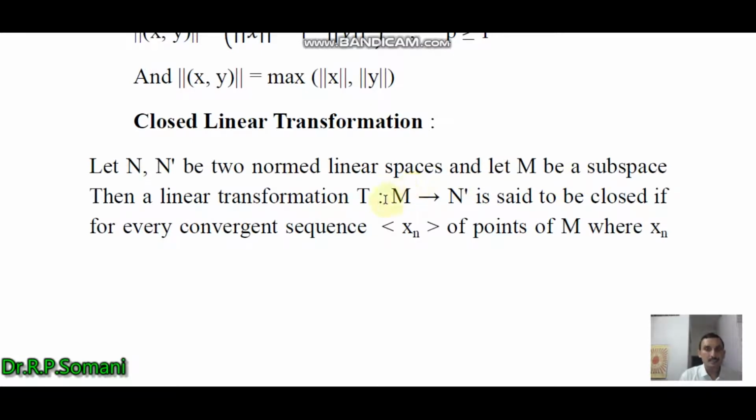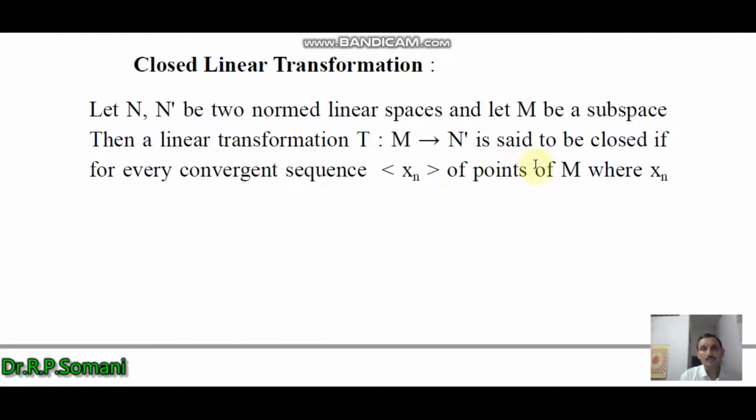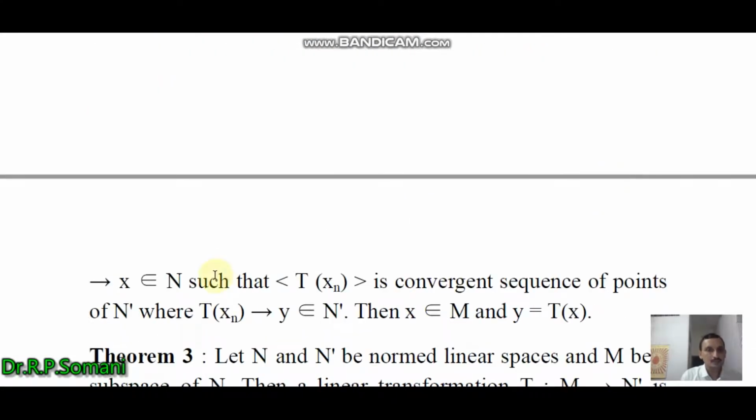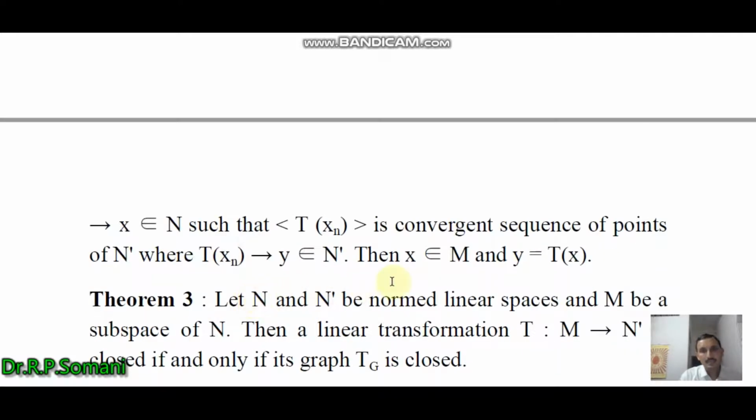Then a linear transformation T from M to N dash is said to be closed if for every convergent sequence xn of points of M, where xn tends to x belonging to N, such that Txn is a convergent sequence of points of N dash, where Txn tends to y belonging to N dash, then x belongs to M and y equals Tx.